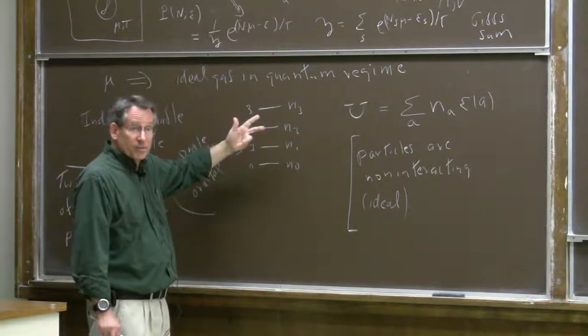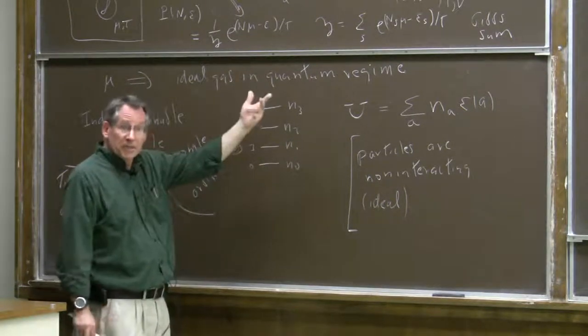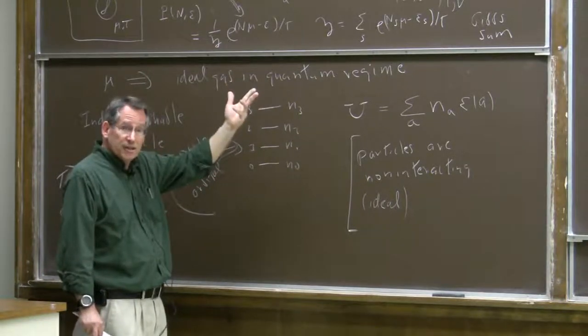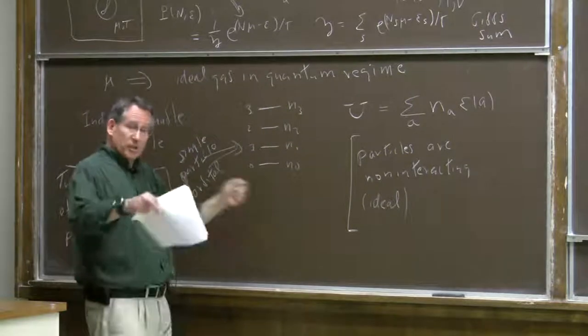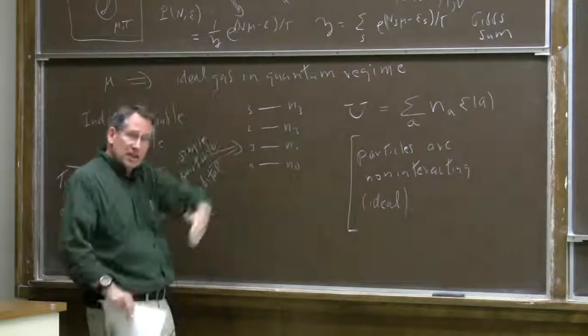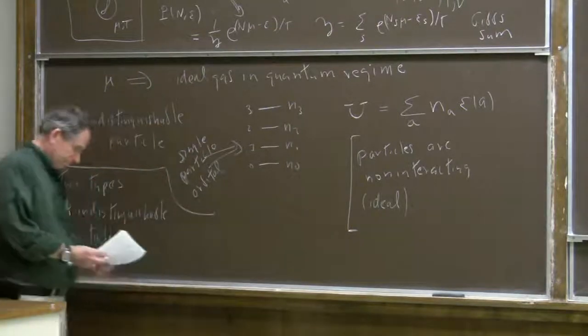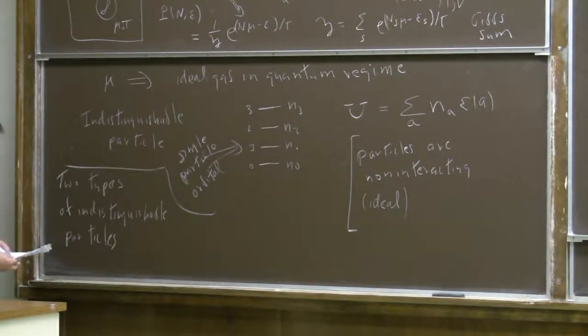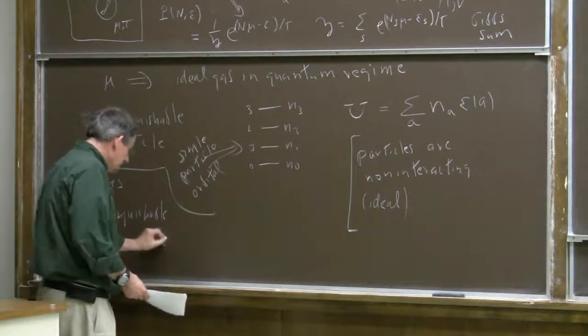With that fixed chemical potential, there will be some expected number of particles in the system, and so we'll be able to study the properties of the system with a specified number of particles by adjusting the chemical potential so we get that number of particles. We'll be seeing that in more detail. Anyway, the two types of indistinguishable particles are fermions and bosons.